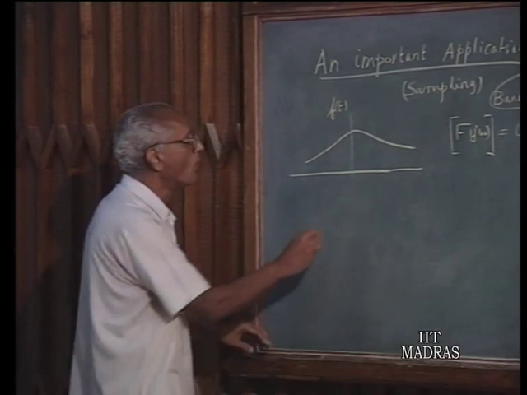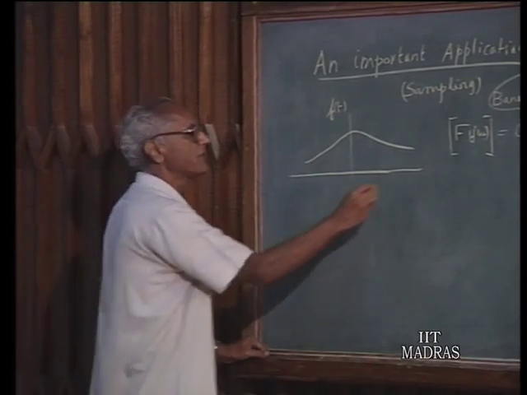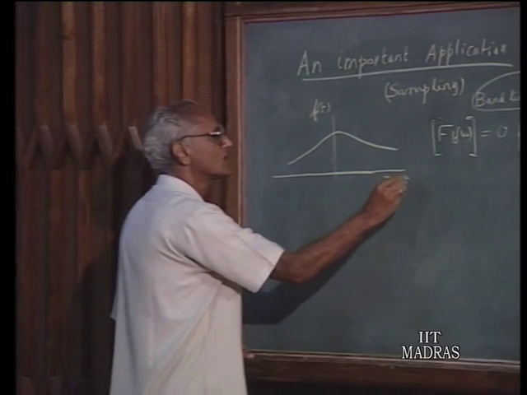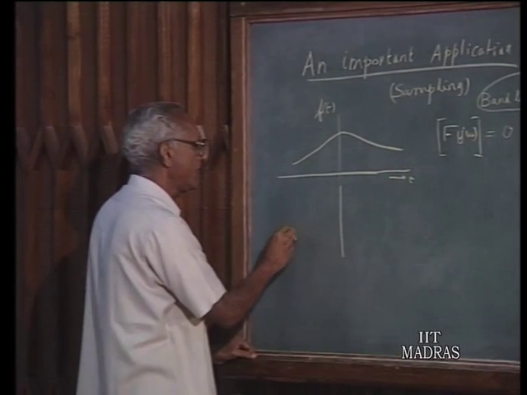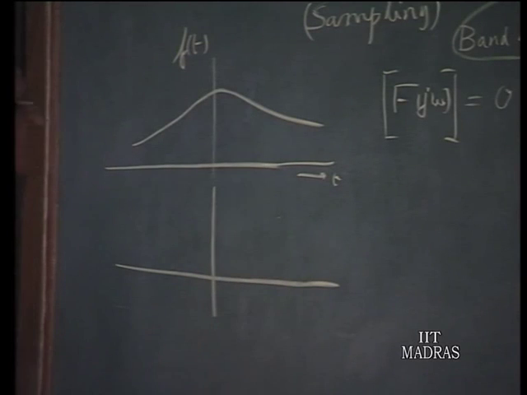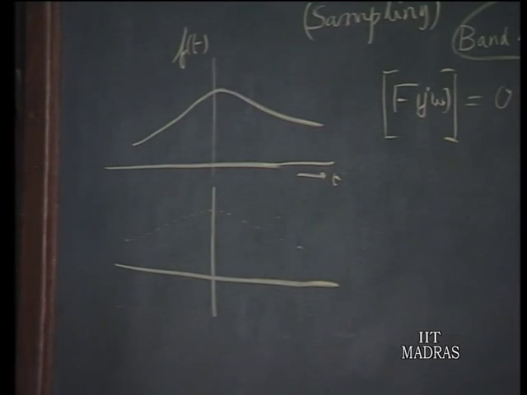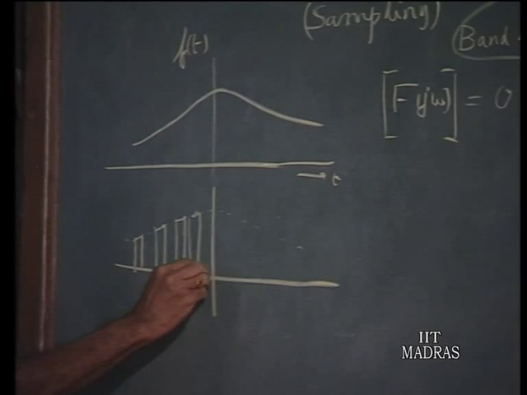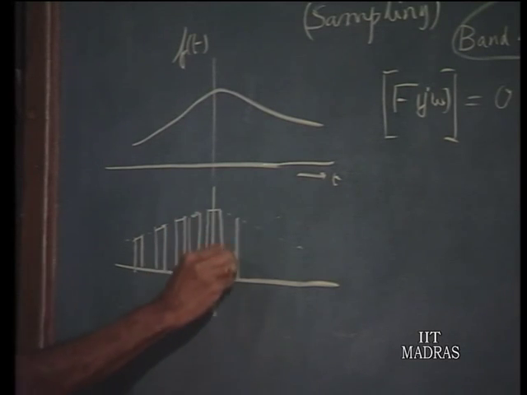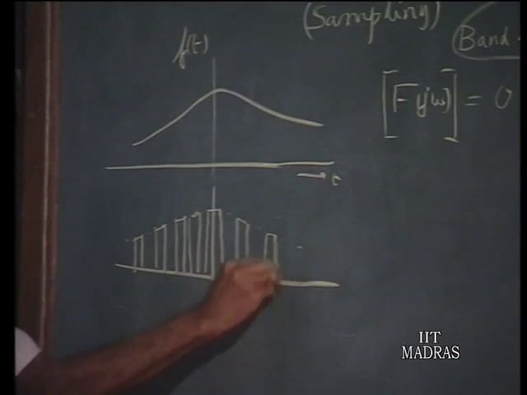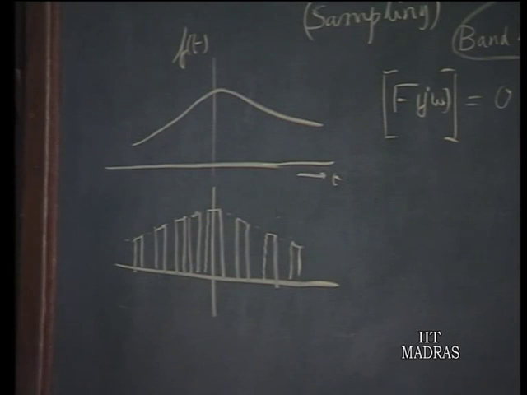Suppose we do not consider this f of t for the entire time duration, but generate from f of t a sampled version of that. That means, this is the f of t variation. You do not consider the entire variation, but take samples from that for tiny intervals like this.